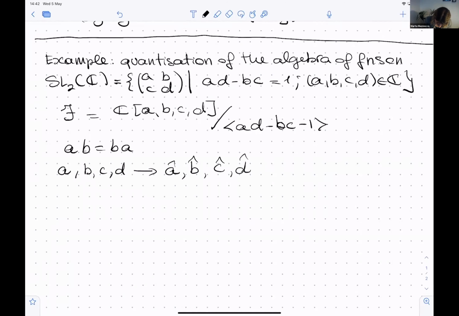So the basic idea is that I would expect that this object will quantize to some free associative algebra generated by the elements A hat, B hat, C hat, D hat, up to some ideal, which now I will try to guess.